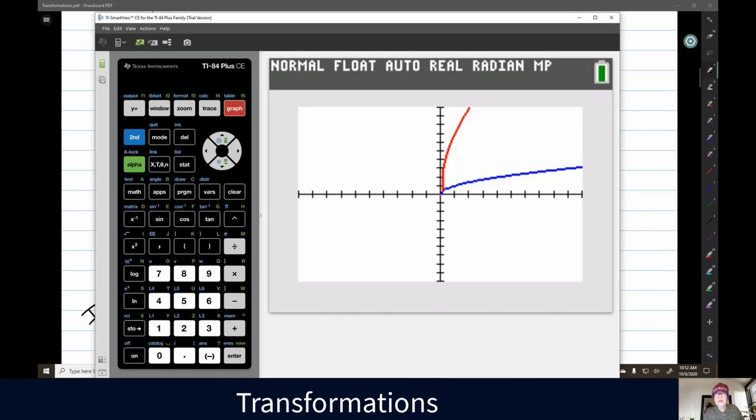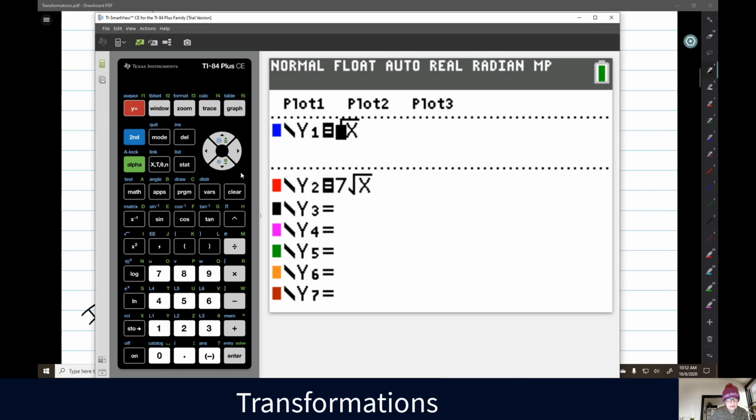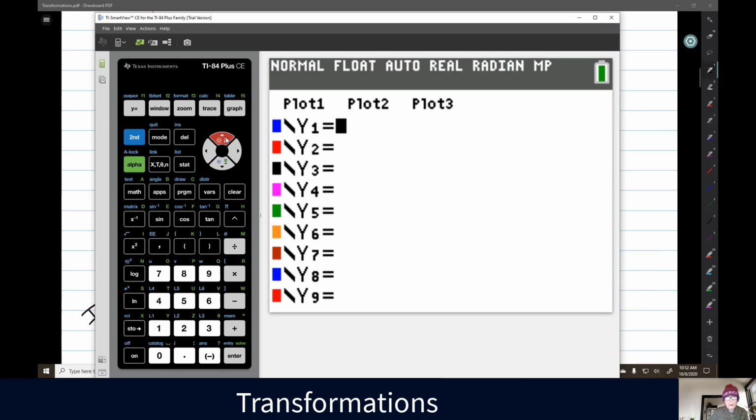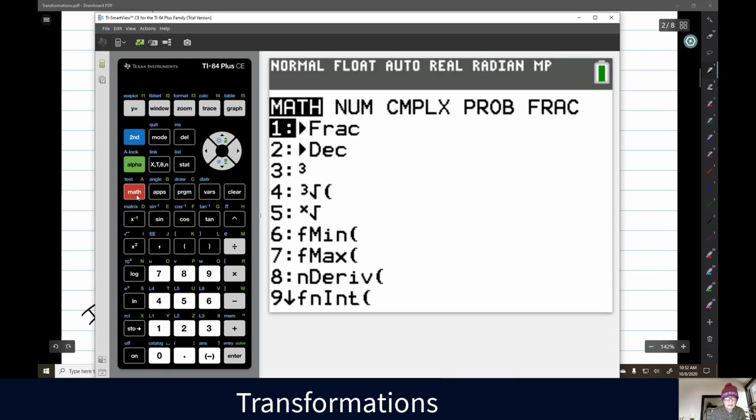And I haven't done the cube root for you. You need to know where the cube root is. We also have to use the math key for that. Number 4 is where the cube root is. So I can go down to 4, or I can just click on 4.